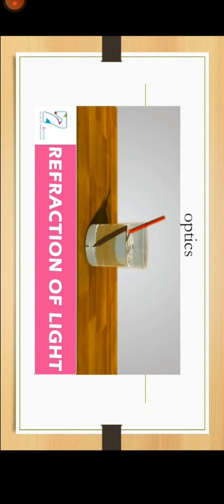Before going to what is happening in the eyeball, we should keep in mind the basics of optics. Refraction, the word itself, means the bending of light when it passes from one medium to another.